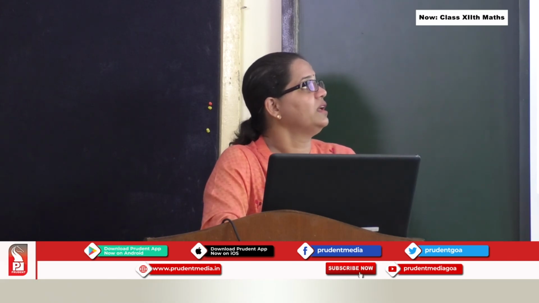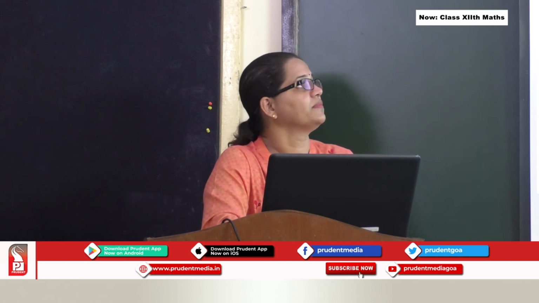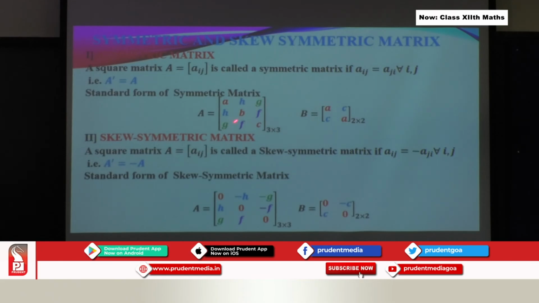Now A31 has to be equal to your A13. Look at this green color which I had marked over here. So these two entries are supposed to be the same. Then you have F and F, this is your A23.